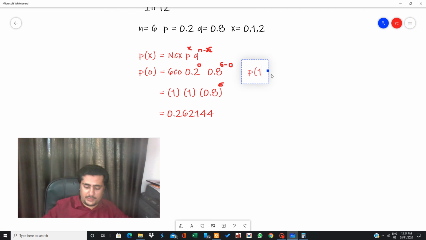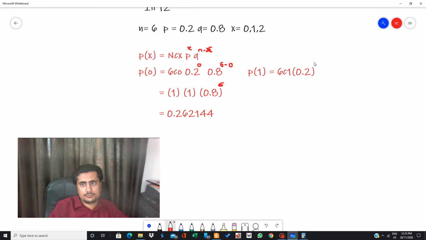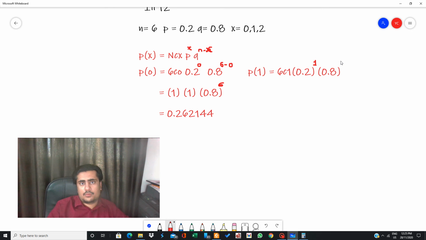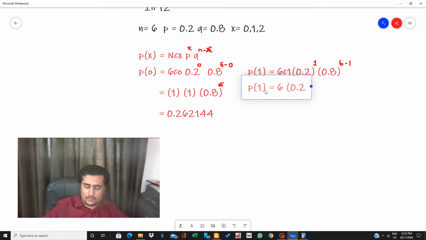So I want to find P of 1 now. So this is 6C1, 0.2 raised to 1 and 0.8 raised to 6 minus 1. Now 6C1 is 6. 0.2 raised to 1 is 0.2. Now you have to solve 0.8 raised to 5.